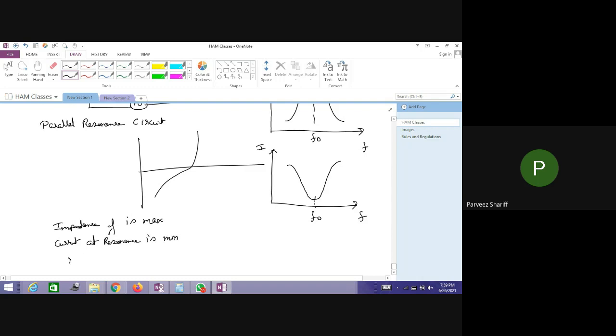That is why it is called the rejector circuit. Okay. So this is about the tuned circuit.